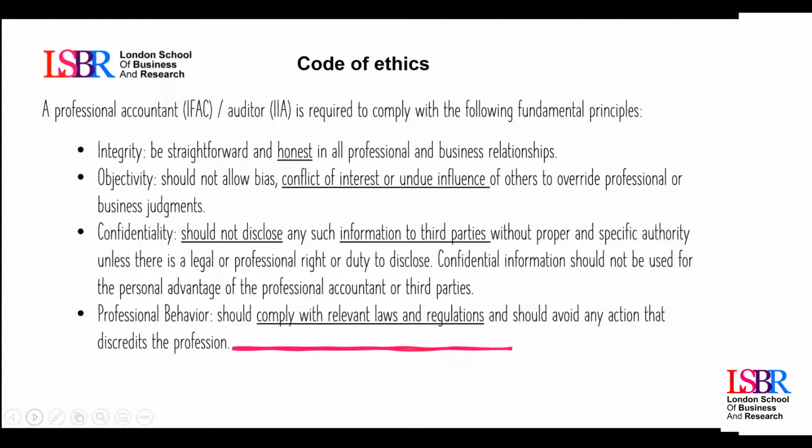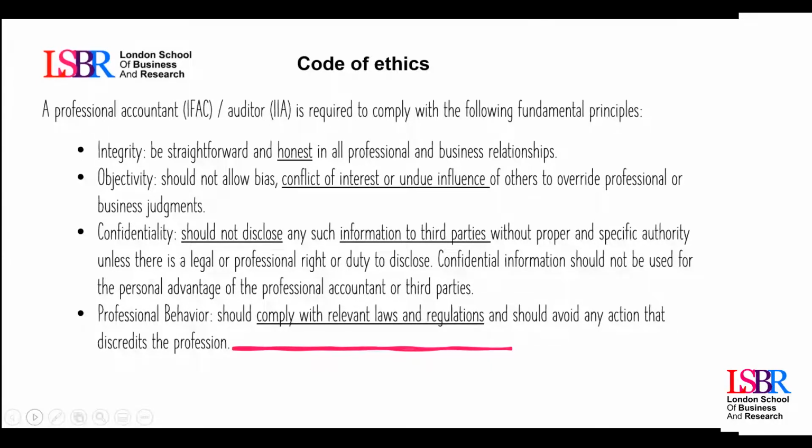And additionally, as a third element, the auditor needs to keep confidentiality, because as an auditor, we have access to a lot of information of the company. So we need to keep this information safeguarded. So confidentiality is another element.